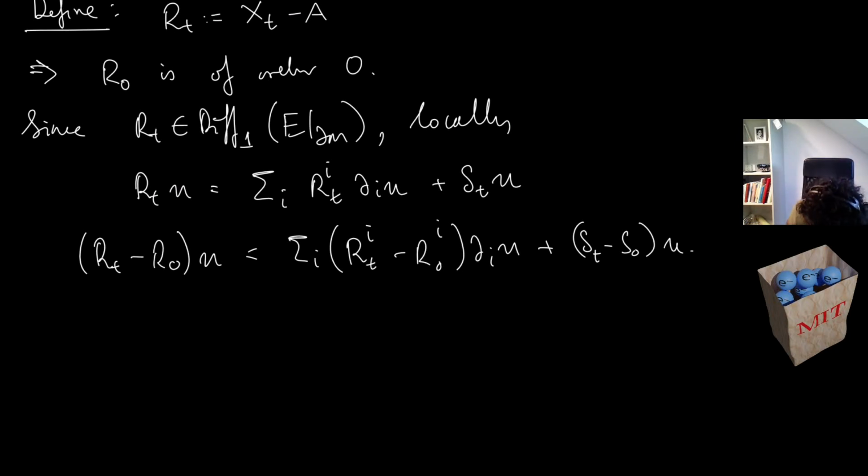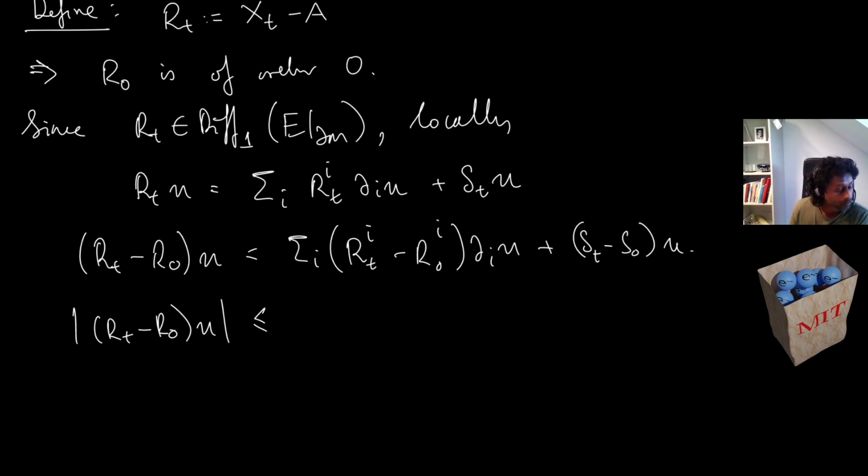So let me just estimate it now then. So the absolute value of R_t minus R_0 is going to be less than or equal to, what do we have here? What's the nicest way to estimate this?